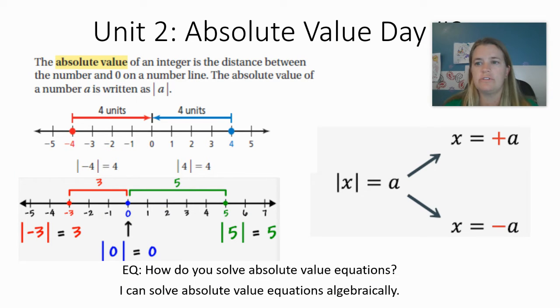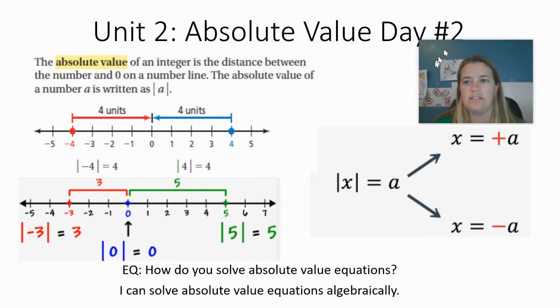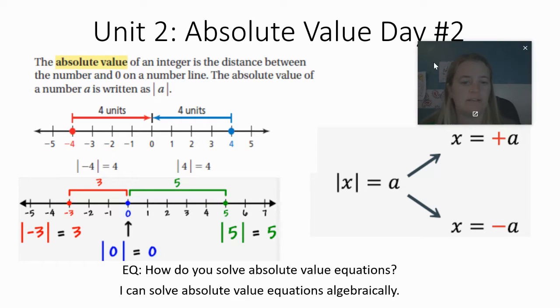All right, so this is just a review. This is day 2. It's the same slides as it was on day 1. I just want to refresh your memory that the absolute value is the distance between a number and 0. So the distance, or absolute value, should never be negative. That's why the absolute value of -4 is equal to +4.